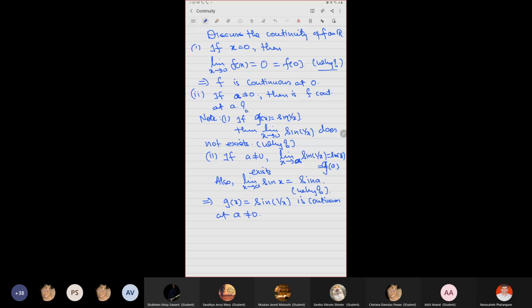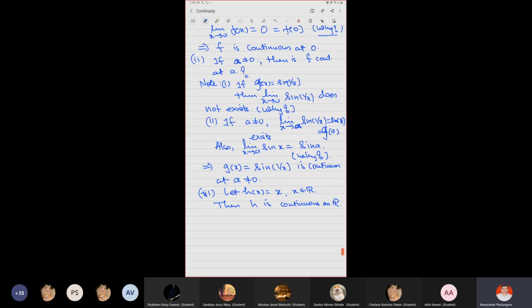Yes, sir. Fine. Now, the second point we should note: let h of x is equal to x, x belongs to R. Then h is continuous on R. Is it true? Yes, sir, because h of x is equal to x is continuous.